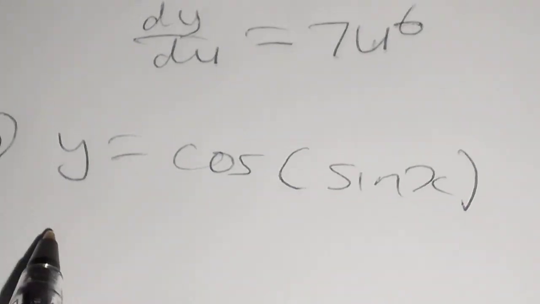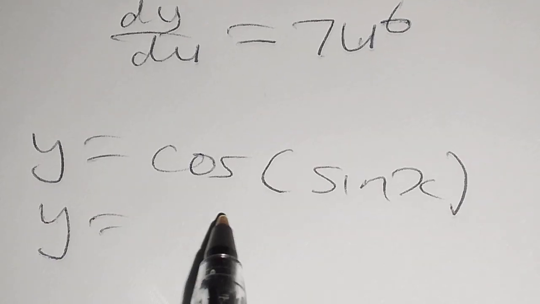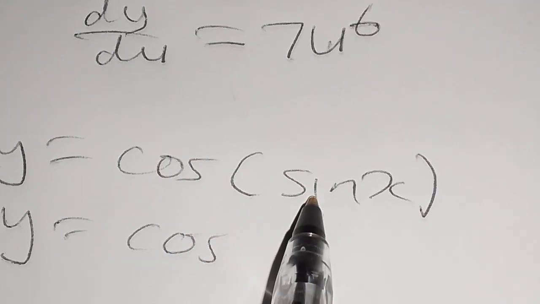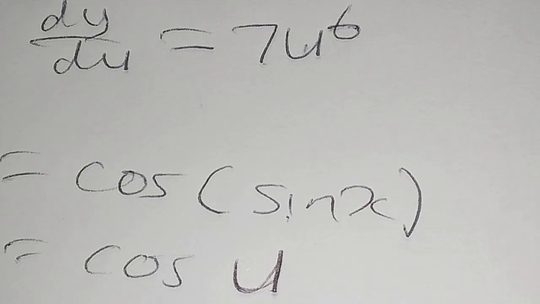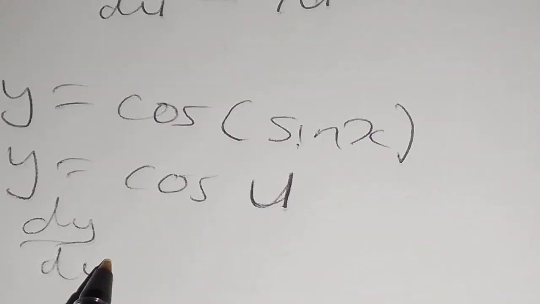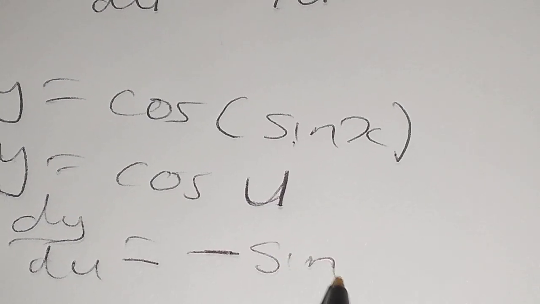Then we go back to the equation here. You're going to have y is equal to cos u, since sin x is equal to u. Now if we differentiate this function, dy over du will be equal to negative sin u.